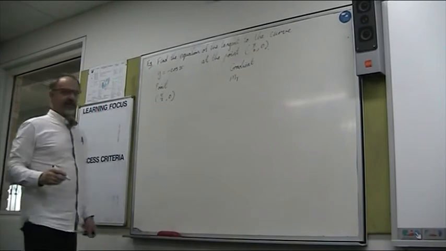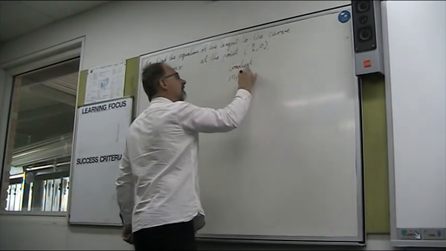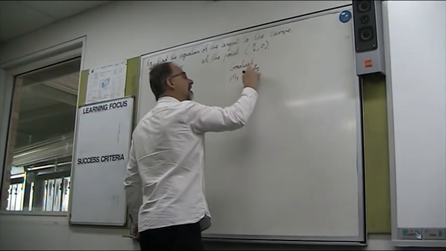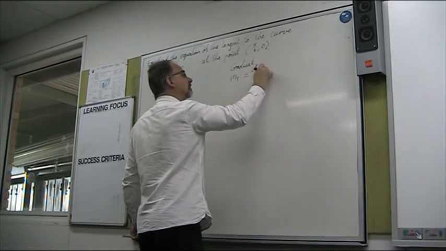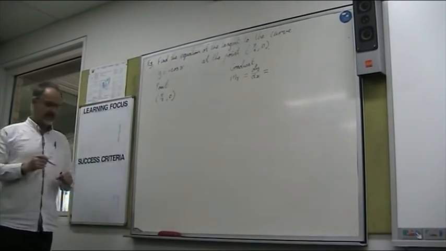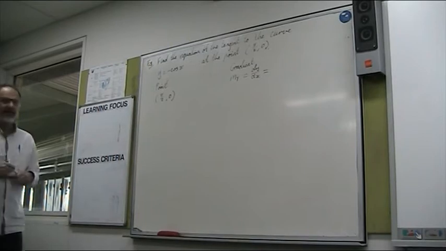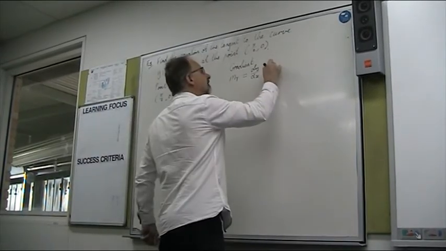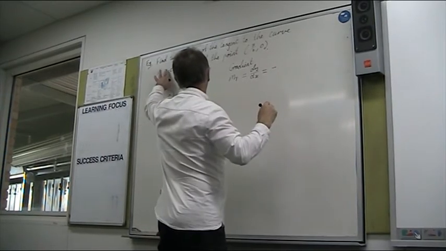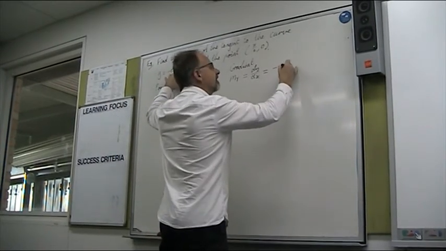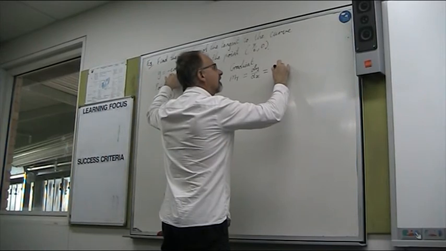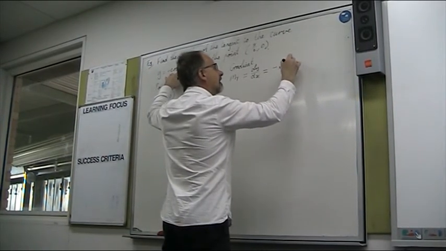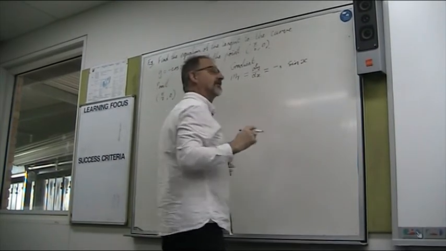And the gradient of the tangent is related to dy dx. And when we differentiate that, what do we get? Got a negative there. When we differentiate cos, we get just sine.